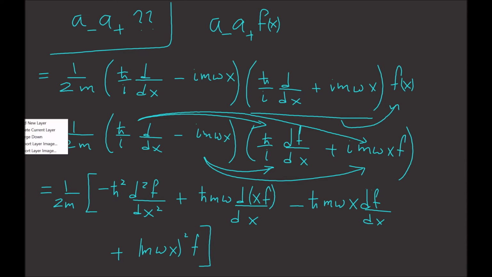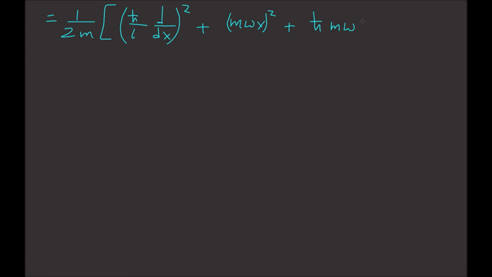Okay, let's clean things up. So now we have, remember this is a minus a plus, equals 1 divided by 2m times (h bar divided by i d dx) squared plus (m omega x) squared plus h bar m omega, times f of x. Sometimes I'm going to write f, sometimes I'm going to write f of x, so it's the same thing.